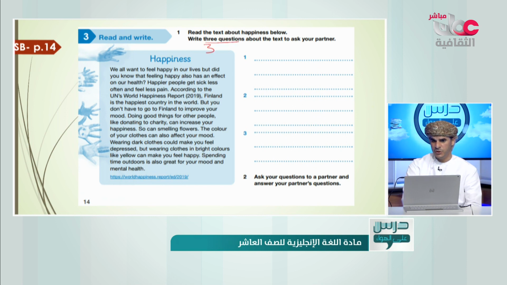So here you need to write 3 questions about the text. You can use WH questions or you can use yes/no questions. It's up to you. I've made for you 4 questions. I just need you to have time to write 2 or 3 questions, okay? While you are writing the questions, I will read the text for you.